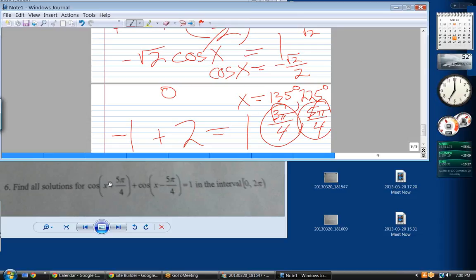The cosine of 2 pi is 1. The cosine of pi over 2 is 0, so we have 1 plus 0 equals 1. So 3 pi over 4 works. And 5 pi over 4 is going to work also, because this will be 1 here, and this will be 0 when we substitute 5 pi over 4 for x. So both of those solutions work.